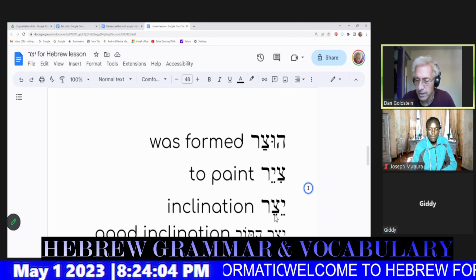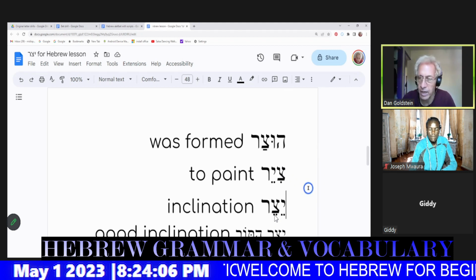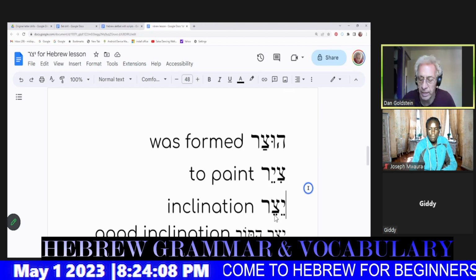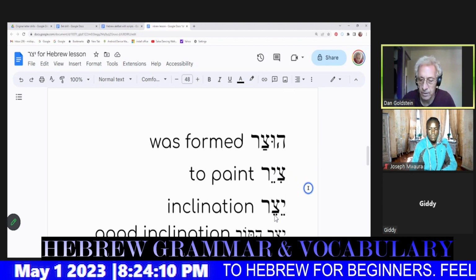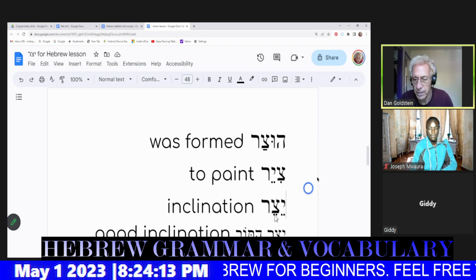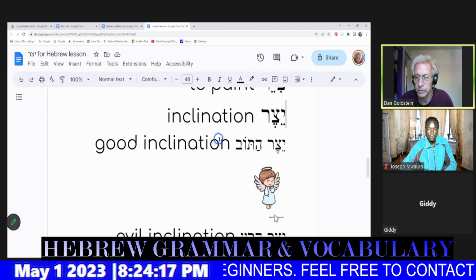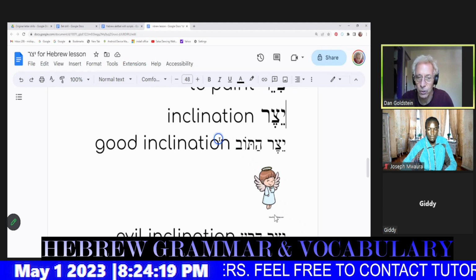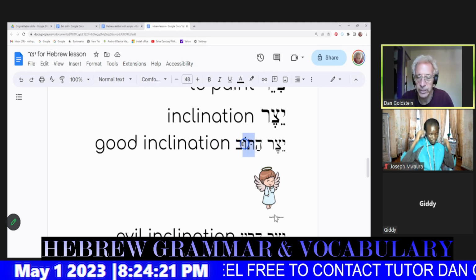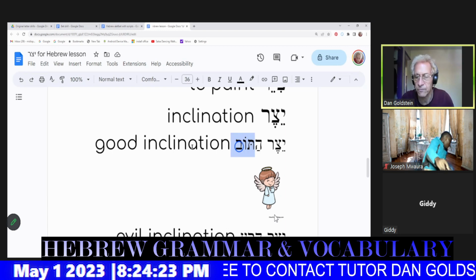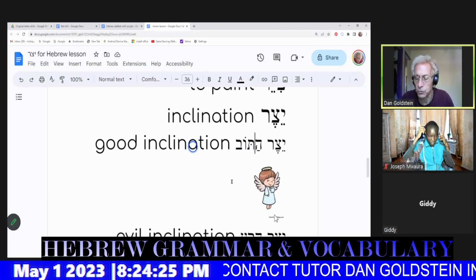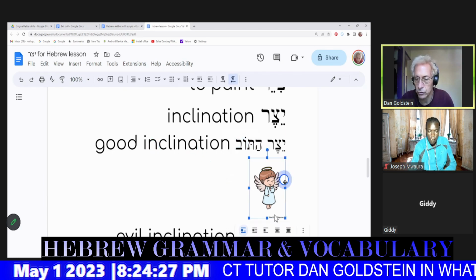It means how we are, how we tend to act, how we tend to behave. We have Yetzer HaTov. The word tov means good. Tov me'od, right? Yetzer HaTov means the good inclination. And we all have the capacity to be good, like our angel girl.